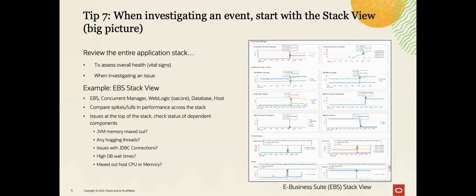And if there are issues, you can review the rest of the app stack, the WebLogic, database, and host, all in that single view. For example, here we can see a spike in completed concurrent requests with errors. And at the same time, the JVM heap memory increased, and the JDBC connections took longer to create. Additionally, we see that the memory on the host is almost fully consumed. At this point, we should investigate if we need to increase memory on the host and possibly the JVM heap size.